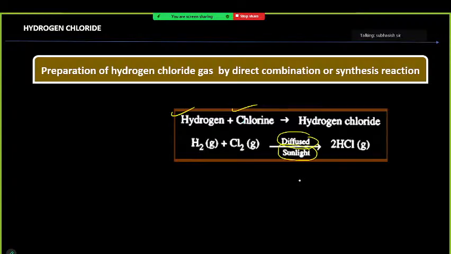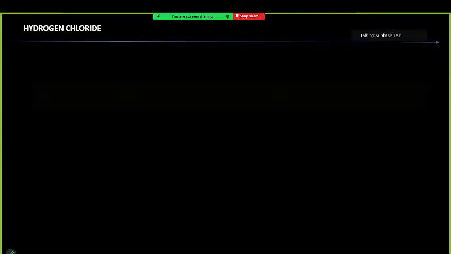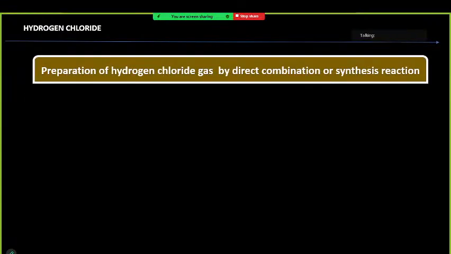Diffuse sunlight means not direct sunlight, but indirect sunlight. That is the hydrogen chloride formation. This reaction is quite fast, and hydrogen and chlorine react with each other with explosion, forming HCl. Now some important points to be noted from the preparation of hydrogen chloride.